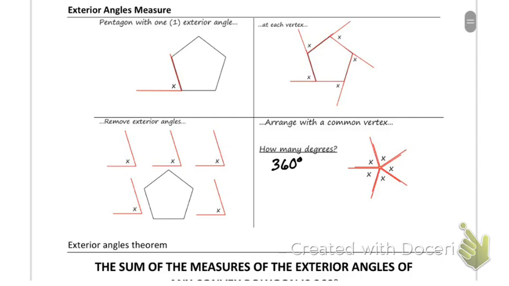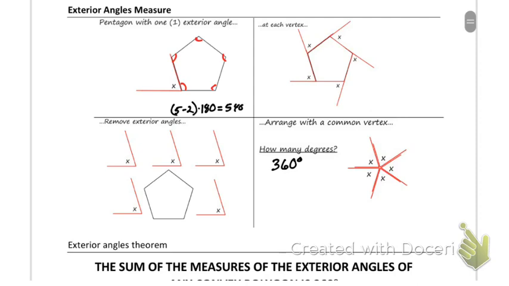So like I said, it's a regular pentagon, so that means all of your angles are congruent. How do I get that? You would take the number of sides, subtract 2, then multiply the difference by 180, which is going to equal 540.